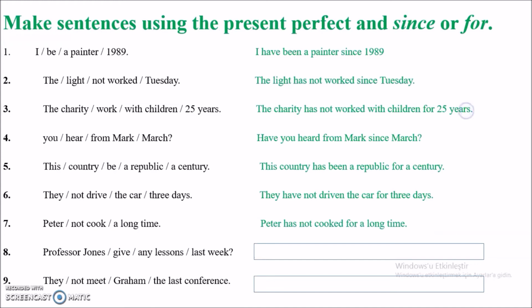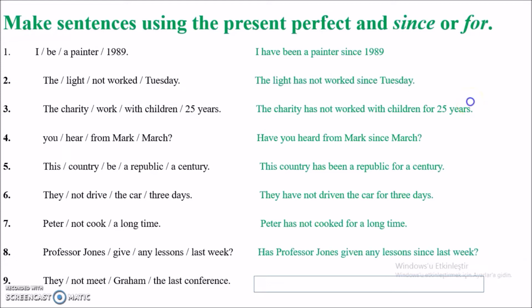Number 7, Peter has not cooked for a long time. 8, Professor Jones, but this is a question, there's a question mark at the end, so we would say, has Professor Jones given any lessons since last week? And the last one, we would say, they haven't met or have not met Graham since last conference. Okay, this is how you would do this.